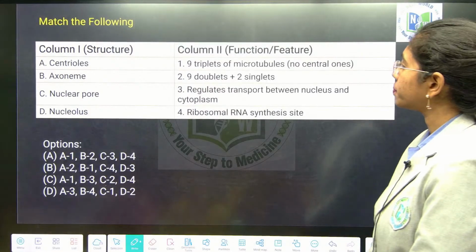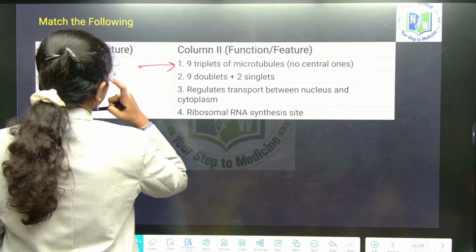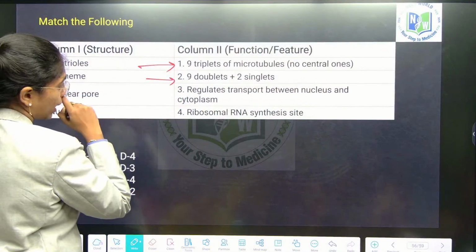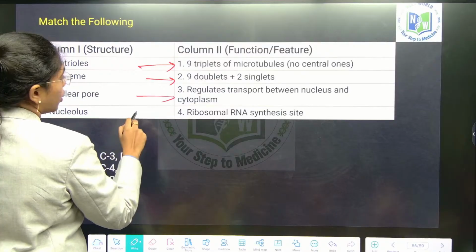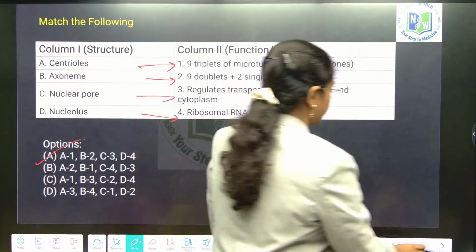Centrioles, axoneme, nuclear pore, nucleolus. Next.